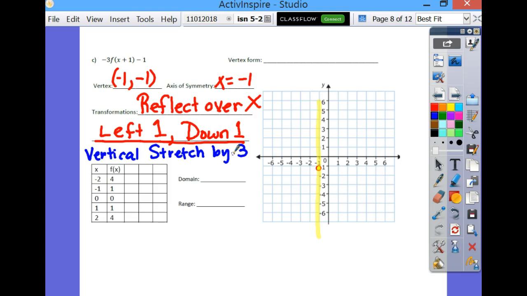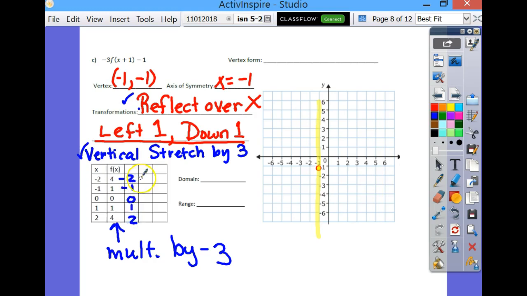It's not in the parentheses with the x, so it's going to act on the y. So I am going to multiply by -3, and that's going to take care of the stretch and the reflection at the same time. When I multiply by -3, it's going to do this and that, both at the same time. And so the x values are going to stay the same.